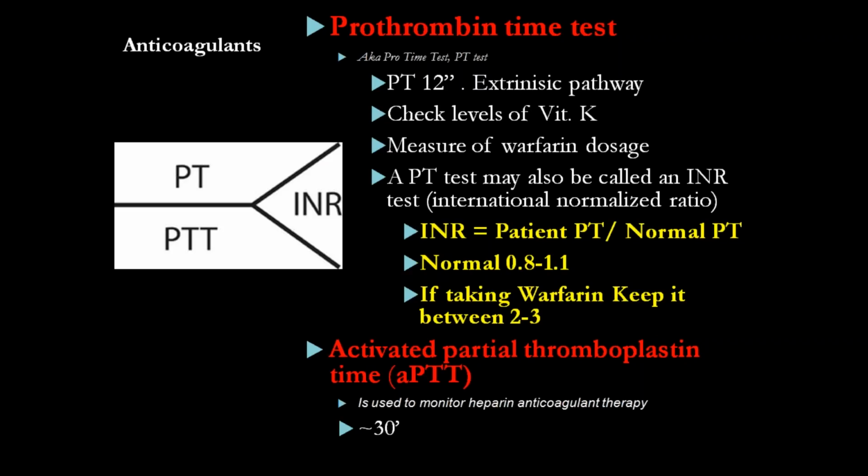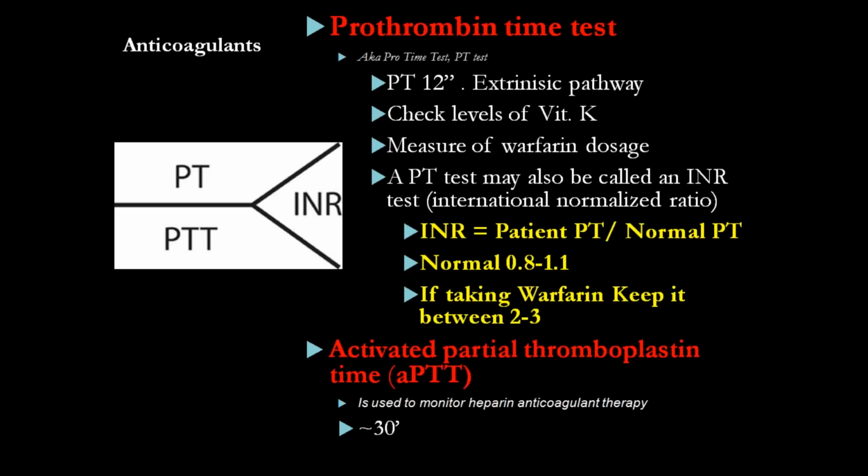The intrinsic and the extrinsic come together to a common pathway that leads into thrombin, and then they go into fibrin. Okay, so the PT time, that is the KEPT the cow, remember Coumadin, warfarin, PT, and it competes with vitamin K. The lab test we use is the PT or INR, because INR is related to PT, right?